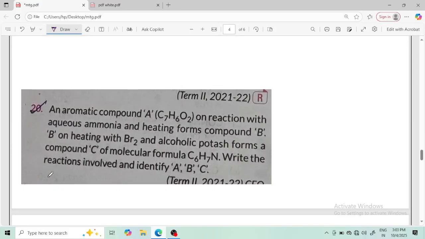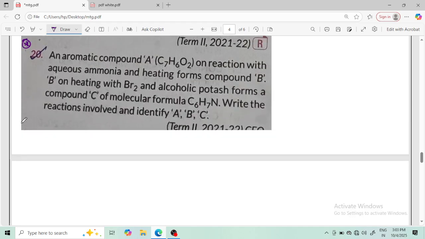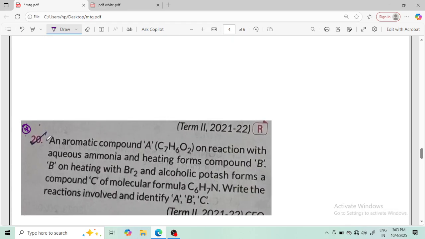Now this question is very important. Theory based questions are generally important. They are saying that an aromatic compound has the formula C7H6O2. Whenever two oxygens are there in a formula like C7H6O2, two possibilities exist.